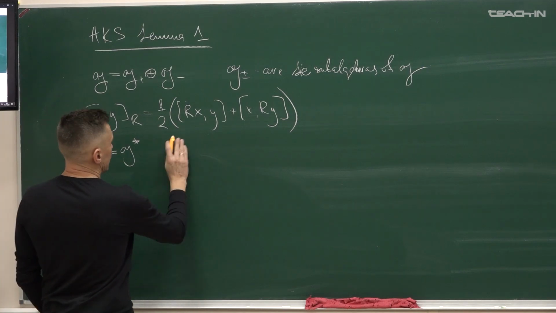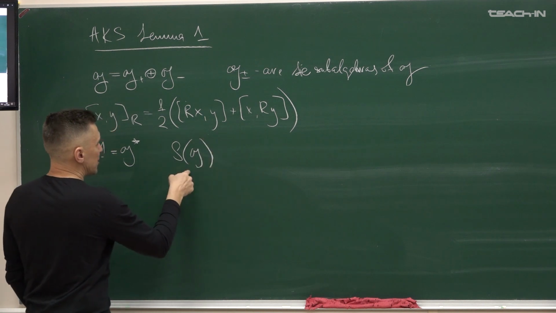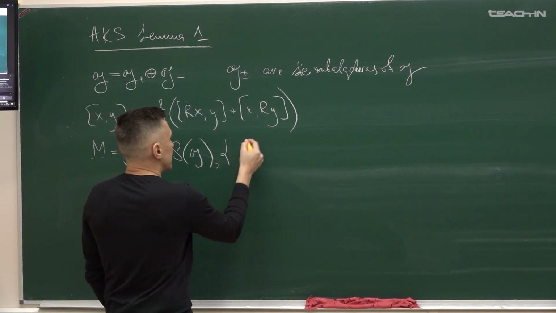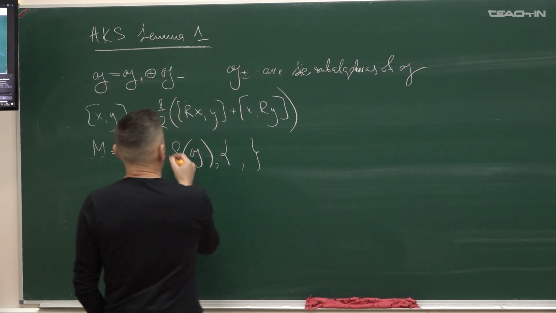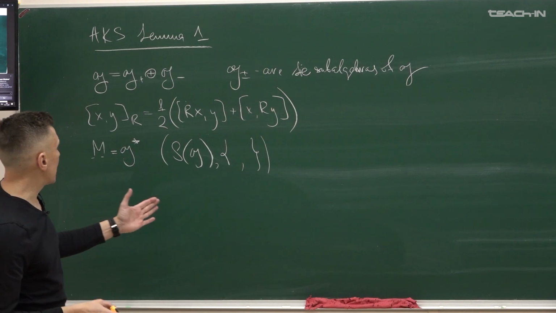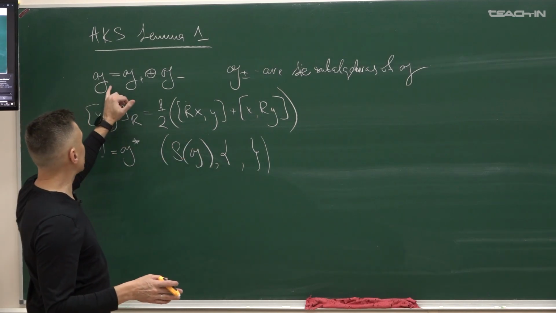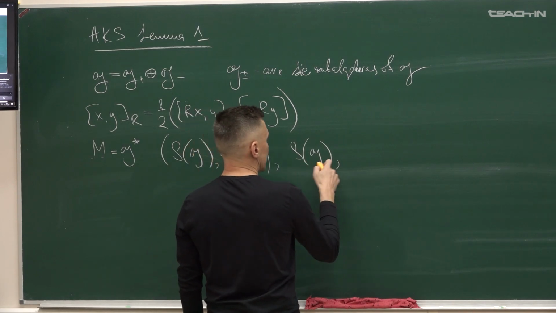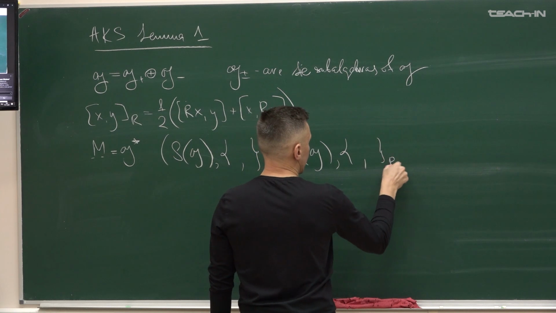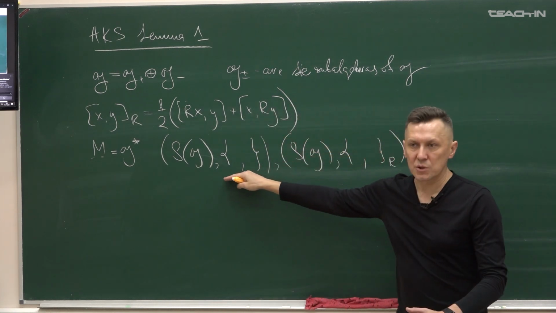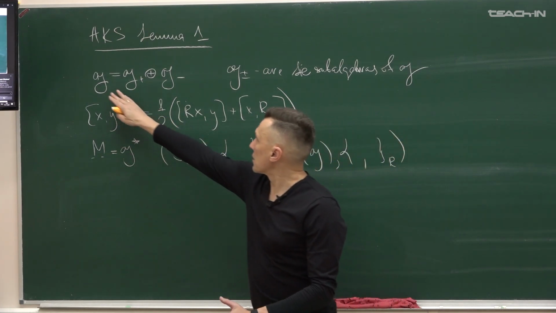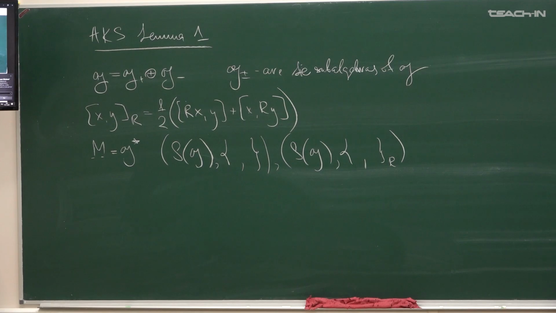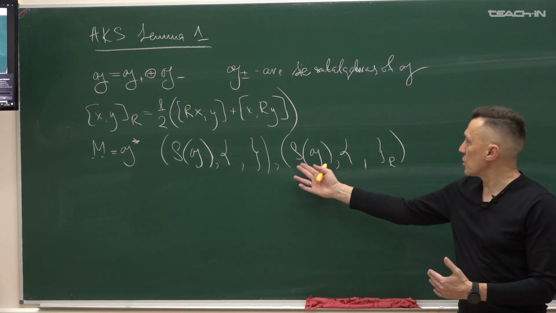And on the space of polynomials S of G, so this is the space of polynomials on this affine space, there is a standard Poisson-Lie structure which is defined by the Lie algebra structure on G. But now we will consider another Poisson manifold, which is defined by the ring of functions and the Poisson bracket R, which is given by the same procedure as this Poisson-Lie structure, but using the new Lie algebra structure on G and consequently the Poisson structure on S of G.